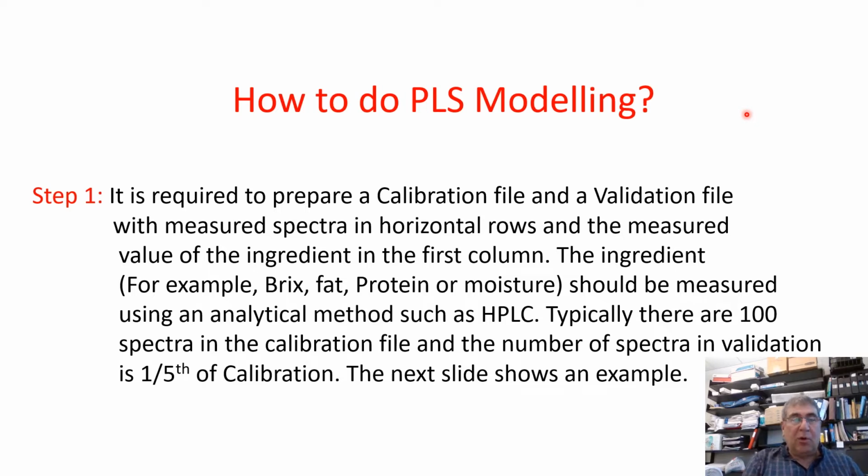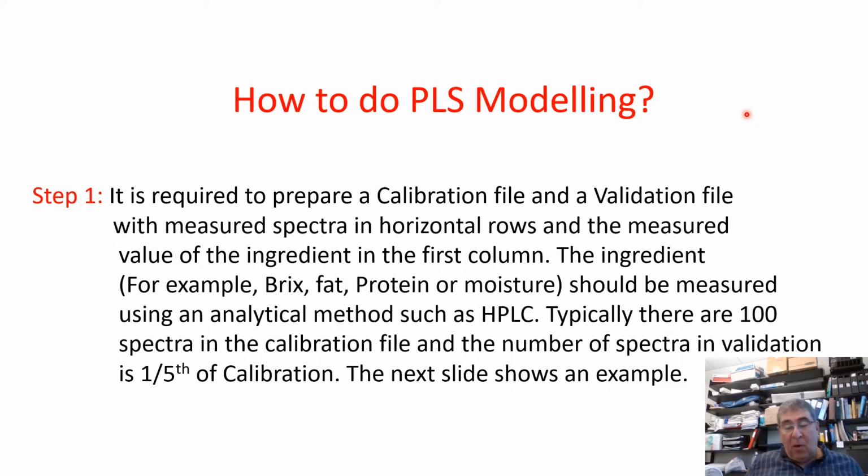This is important to correlate the spectra to the ingredient value. So if you're using, for example, NIRvascan to measure fat in some food product or moisture, you need to measure that for each sample using an analytical technique such as HPLC.